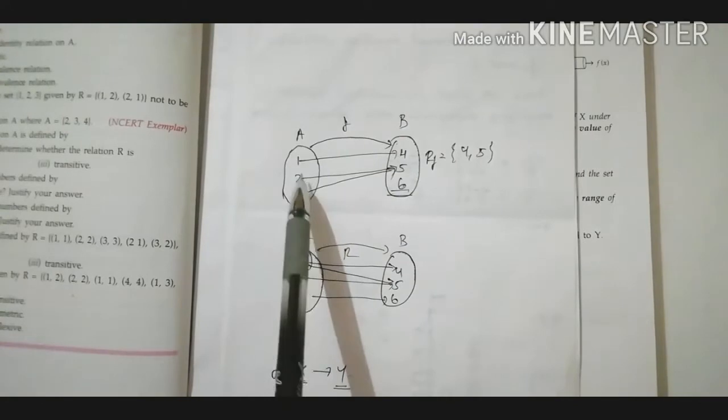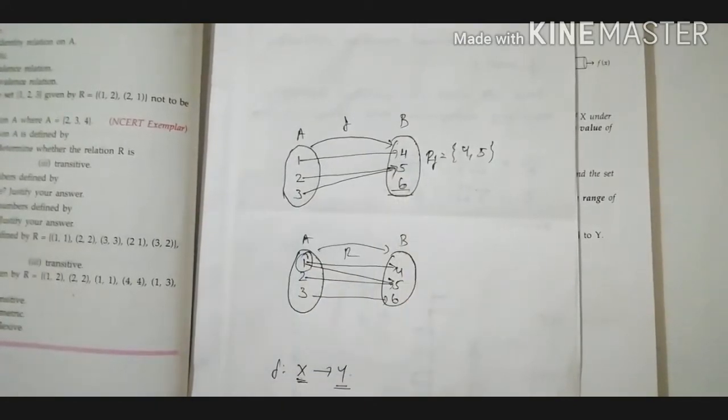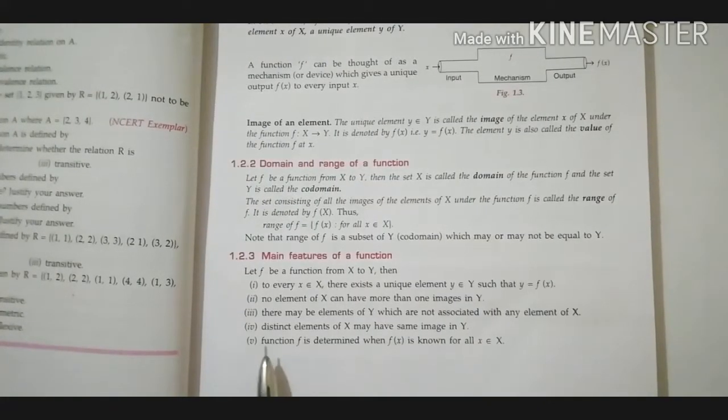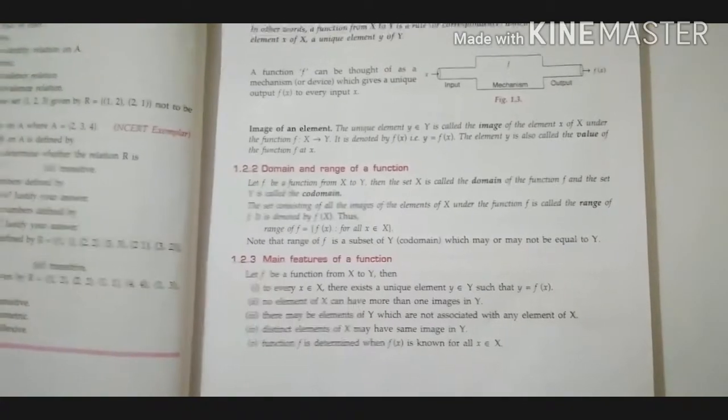That means two different elements of the first set can have the same image in the second set. And the fifth one: a function f is determined when f of x is known for all x belongs to X.